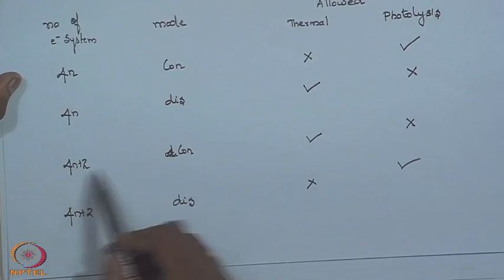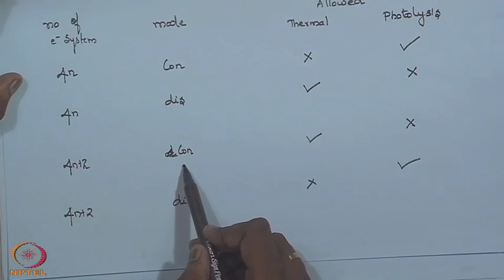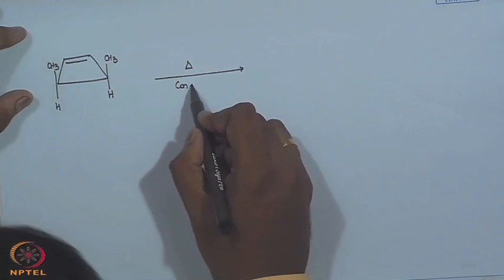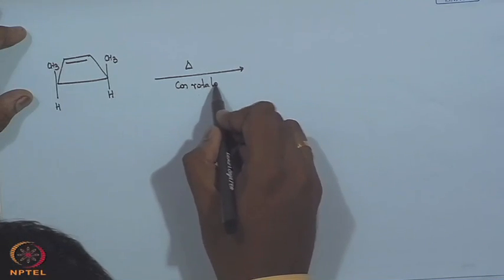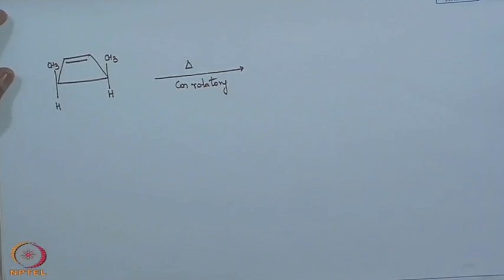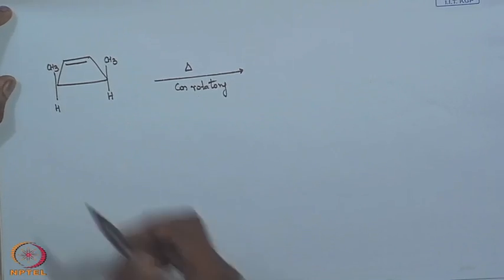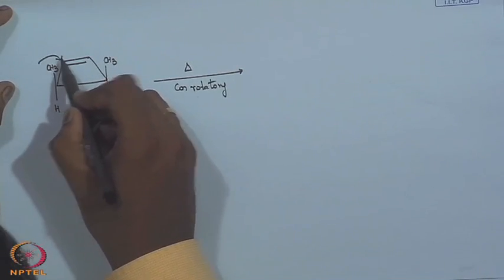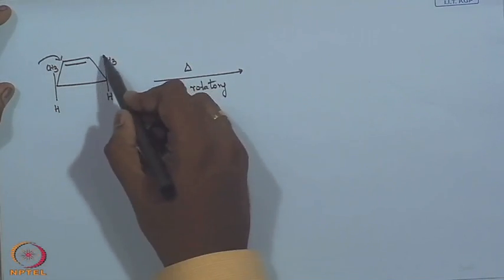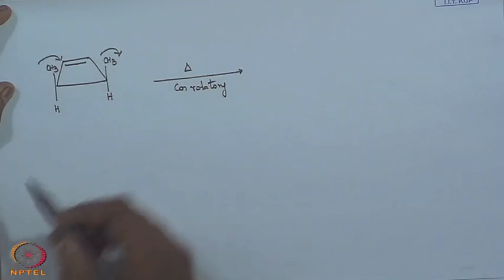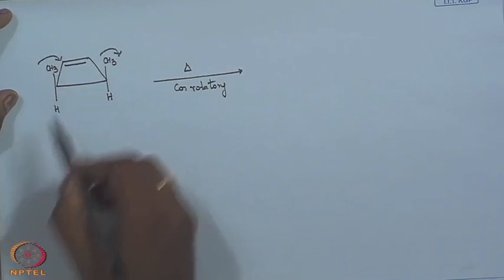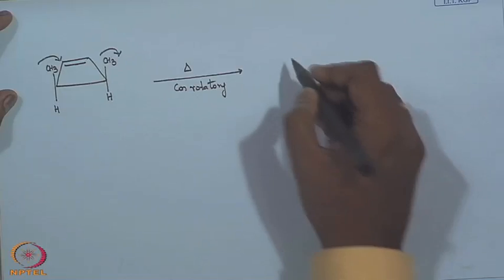So, for 4n plus 2, what does the rule say? 4n plus 2 on heating, it is con, right. Yes. So, then I have a conrotatory. So, you have a conrotation there, just fine. So, then what do you get?